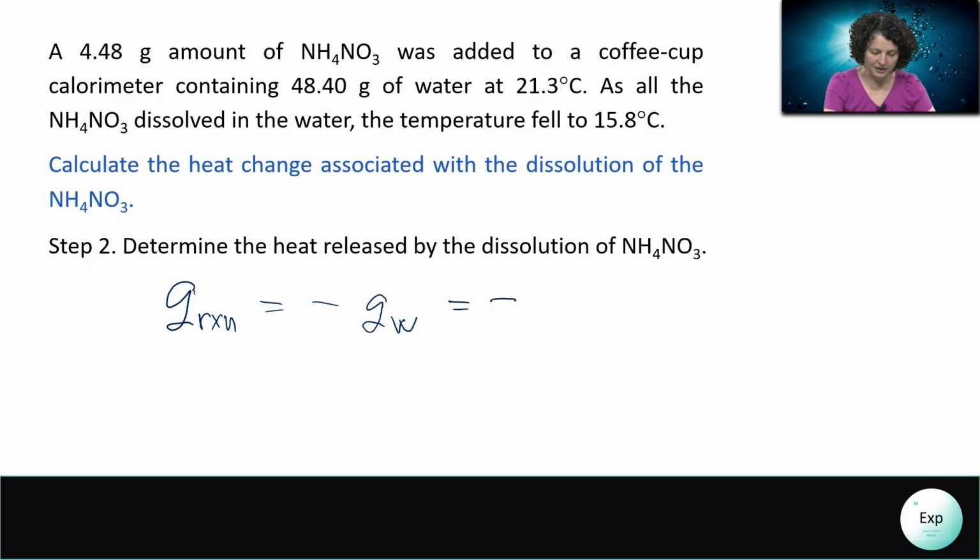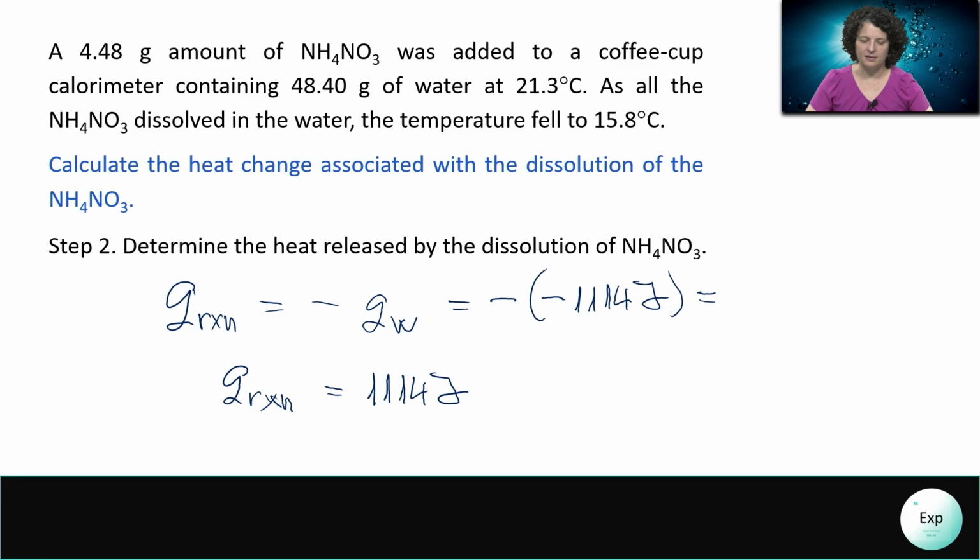So it's minus 1,114 joules, or we can say that the heat of the reaction is 1,114 joules. We calculated the heat change associated with the dissolution of ammonium nitrate. And so if there are no additional questions, we can stop here. This is our answer.